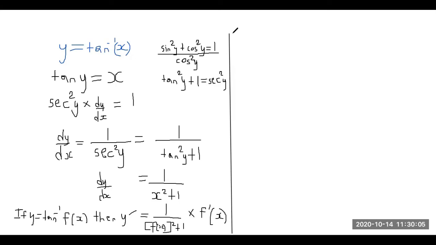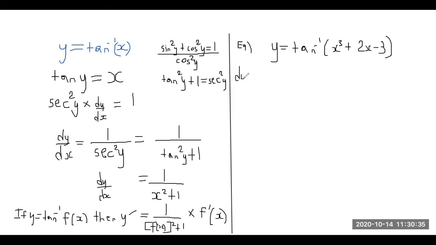Alright, so let's look at an example here. Let's say y is equal to tan inverse of x cubed plus 2x minus 3.